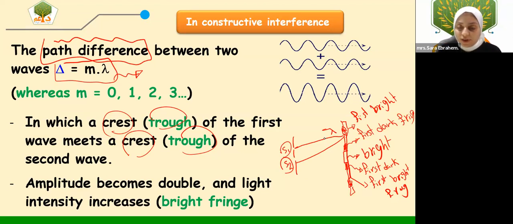The path difference to the second bright fringe is 2 wavelengths, and the third bright fringe is 3. So 0 at the center, 1 for the first bright, 2 for the second bright, 3 for the third, and 4 for the fourth.